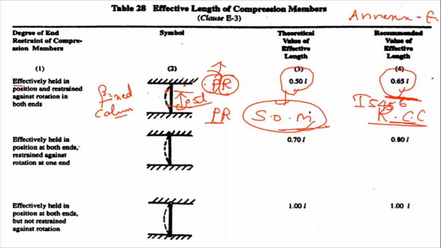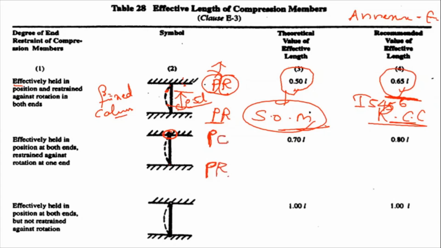Then suppose I am releasing the rotation at one end. That means it is effectively held in position, but I am releasing the rotation here, while the other end is effectively held in position and restrained against rotation also.